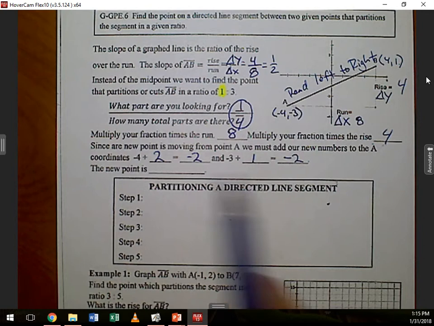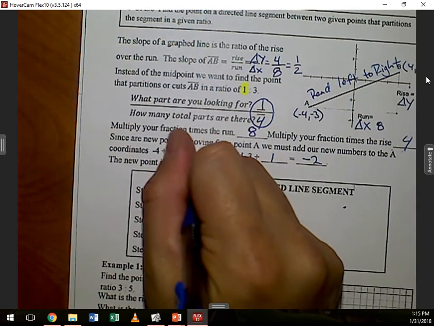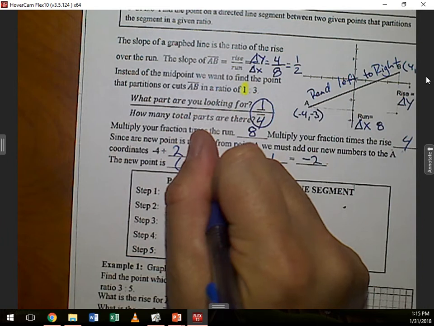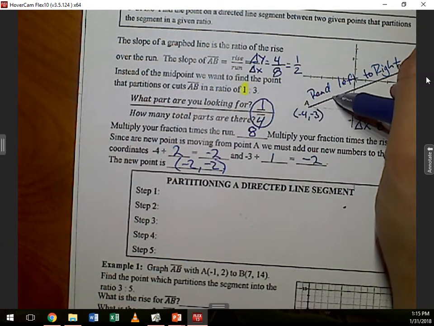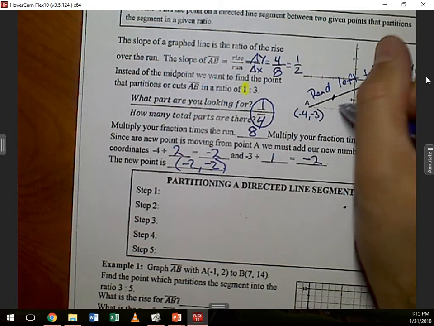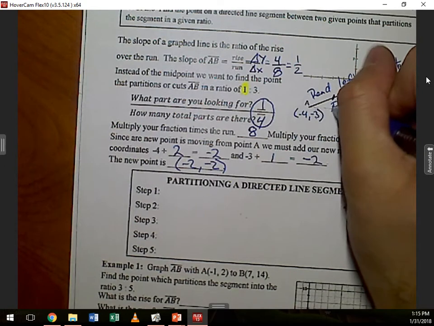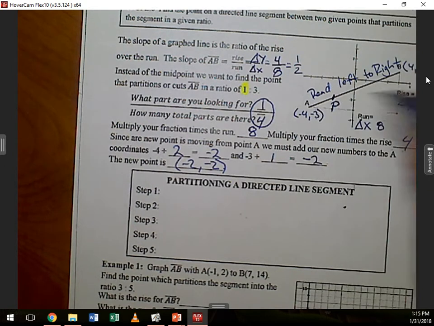Now, my new point here would be -2, -2. So on my line, -2, -2 would be right here. I would label that my P, for my partition line segment.